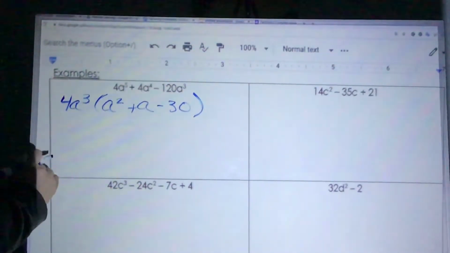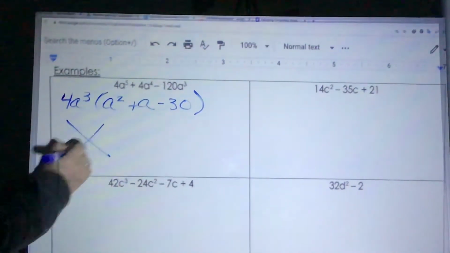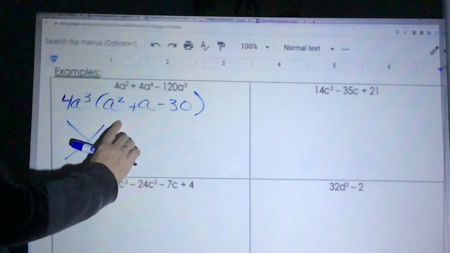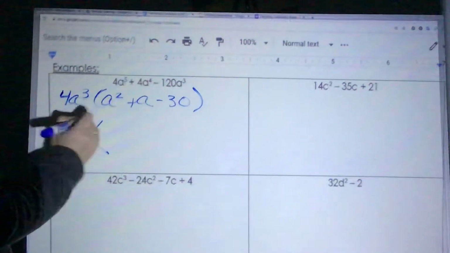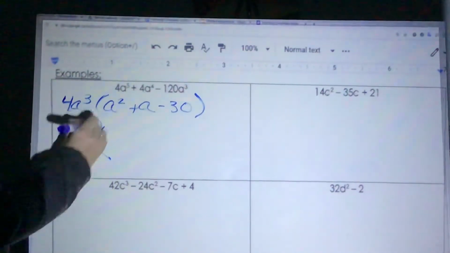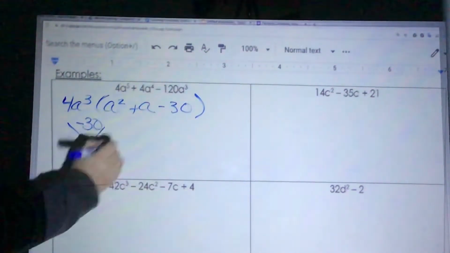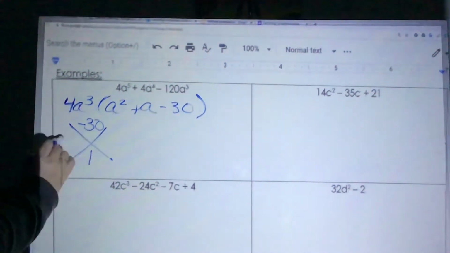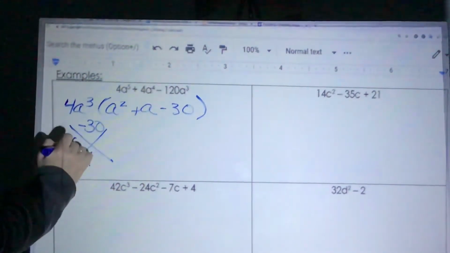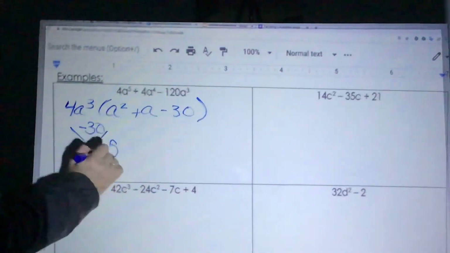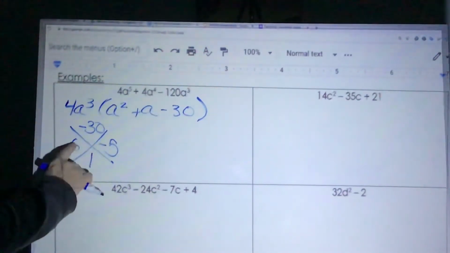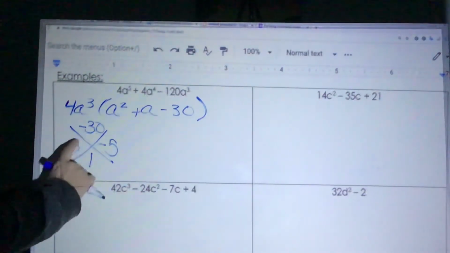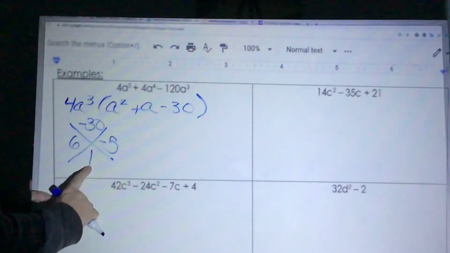Before I say I'm done factoring, I need to first see if I can factor this trinomial anymore. So I would be looking for two numbers that multiply to give you negative 30 and add to give you 1. And those two numbers would be 6 and negative 5. 6 times negative 5 is negative 30, and 6 plus negative 5 is positive 1.